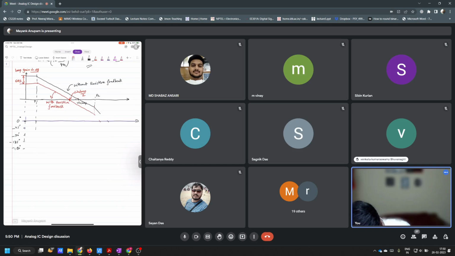This will go to minus 45 degree, right? And it will come to minus 90 degree at 10 times P1, correct. So at 10 times P1, this goes to minus 90 degree, basically.